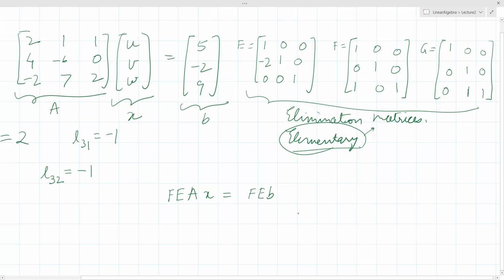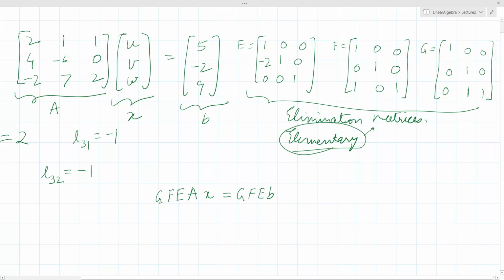What did F do? F subtracts some multiple of the first row from the third row. And finally, G subtracts some multiple of the second row from the third row. So it is exactly identical to what we were just discussing.